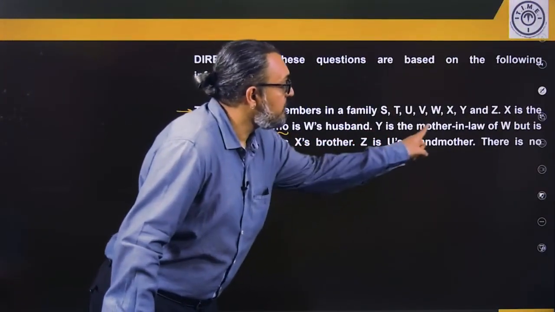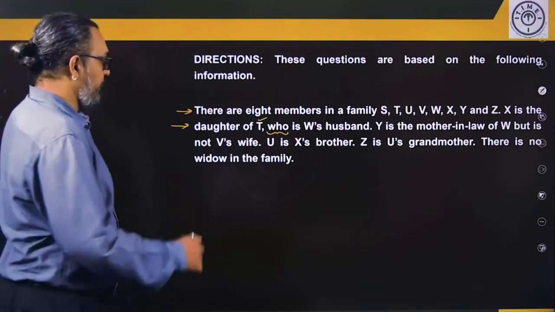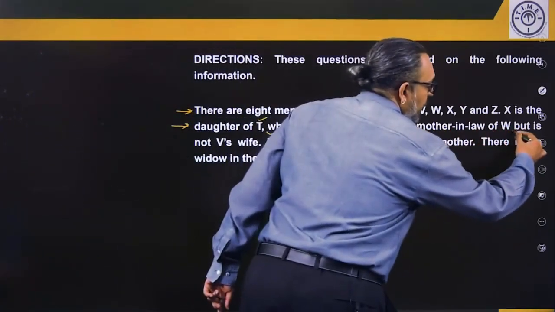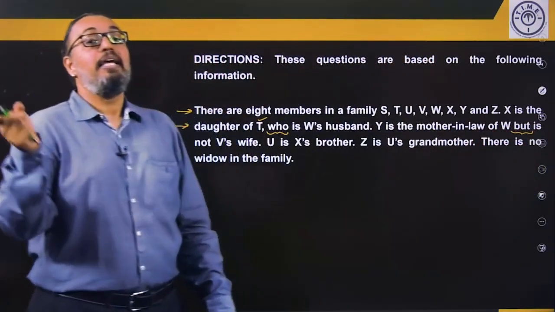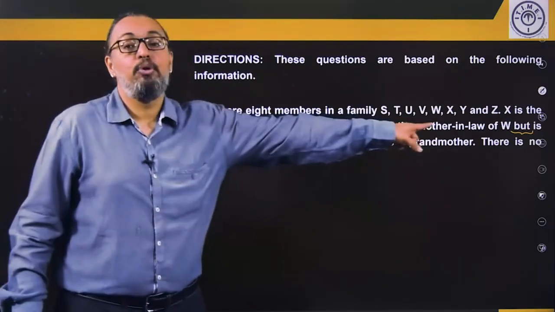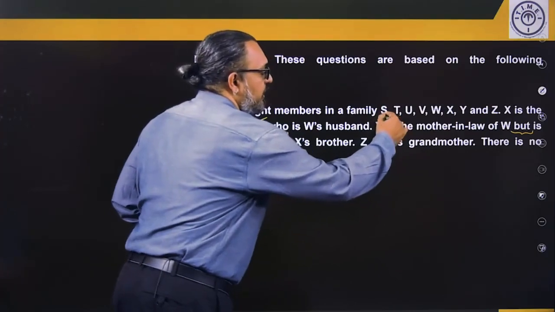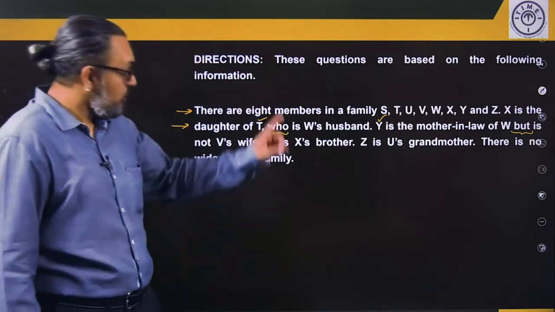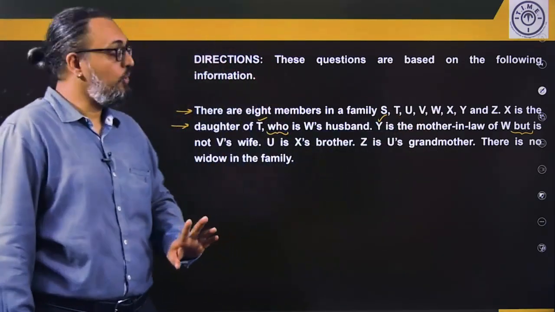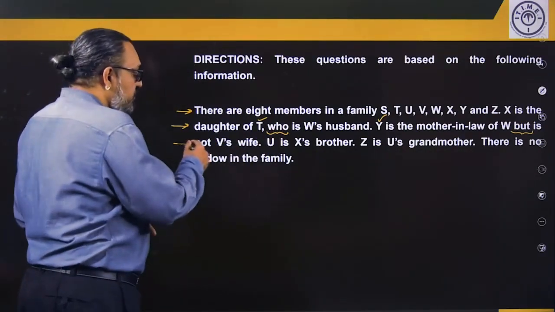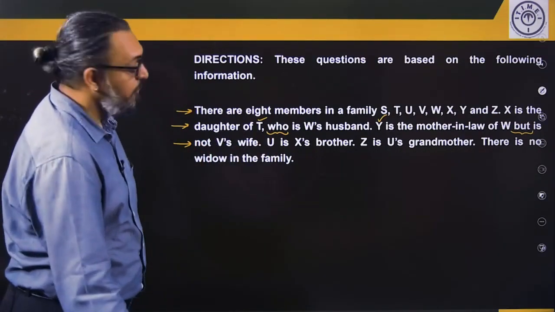Then, Y is the mother-in-law of W. Okay, but sometimes in place of 'and' he can put the word 'but', and it always refers to the first person in that sentence, that is Y. So, Y is the mother-in-law of W, but is not V's wife. Okay, so let us see.